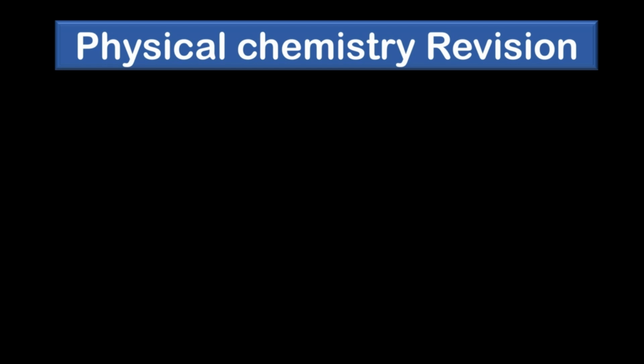Okay, once we know this, we do the volumetric analysis, isn't it? So in that case, N1 V1 is equal to N2 V2. Either of these values they will give, they will ask the other. Three values they will give, they will ask the remaining one.